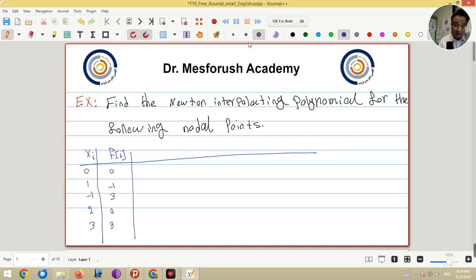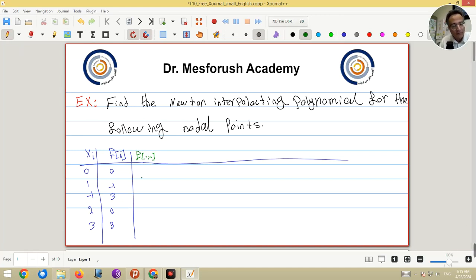Okay, we know that we have to use finite differences for computing the coefficients of the Newton polynomial. So let me first compute the first divided differences.